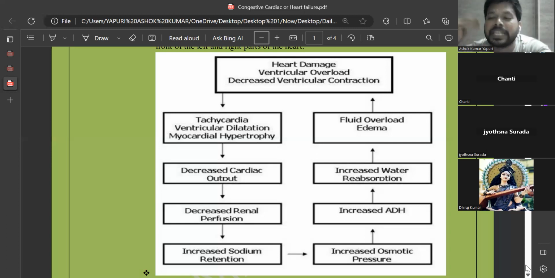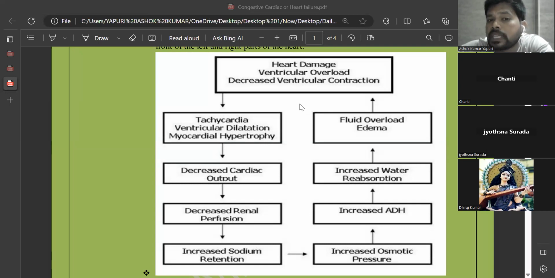Whether blood pressure increases or decreases, both are under the control of the renin-angiotensin-aldosterone system. Even in your basics of anatomy, you will go through the renin-angiotensin-aldosterone system.